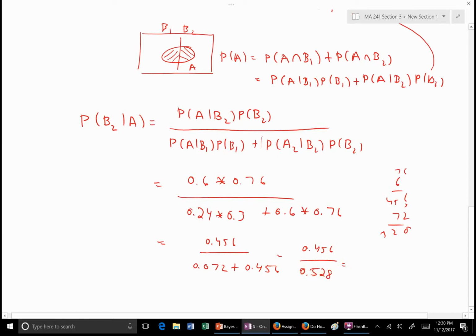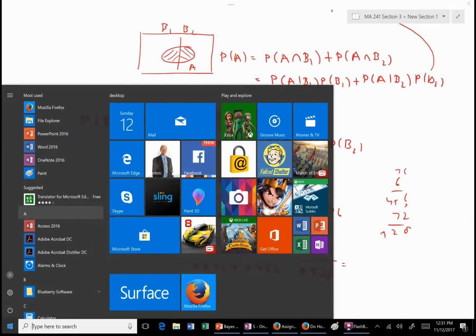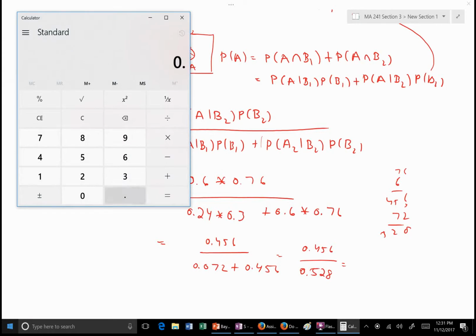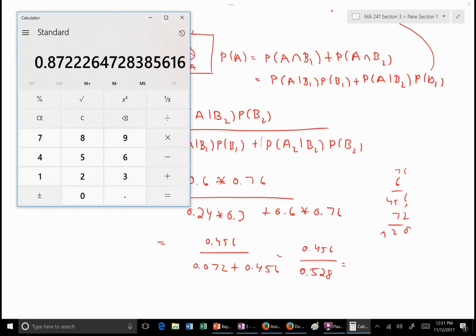And now we can go ahead and just figure out whatever that is. Just put that in our calculator, and when we do that, 0.456 divided by 0.528, and I roughly get about 87%.